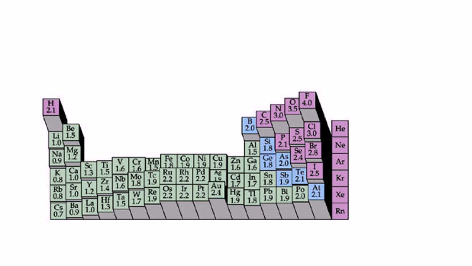As we can see here, the nonmetals are highly electronegative, and the most electronegative elements are these little guys here: nitrogen, oxygen, fluorine, and chlorine. Fluorine is the most electronegative element.